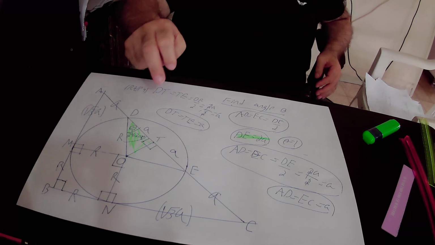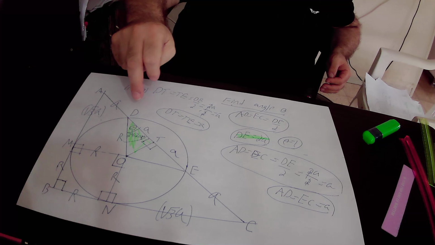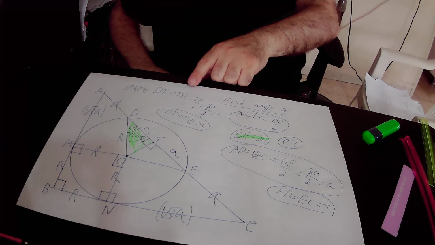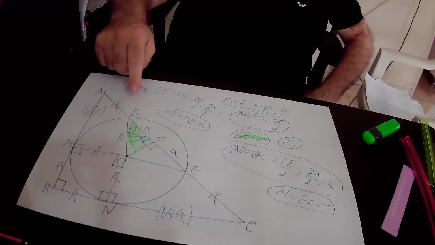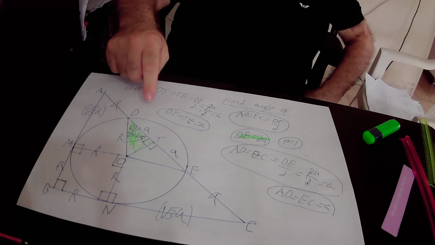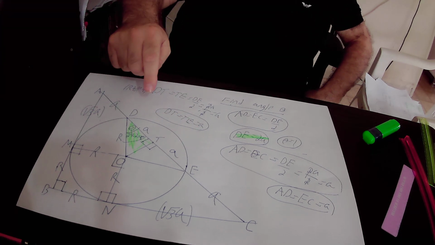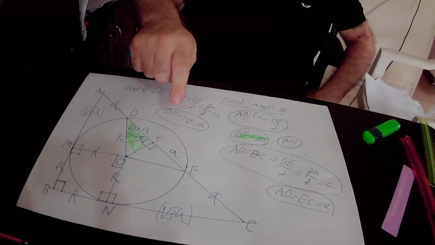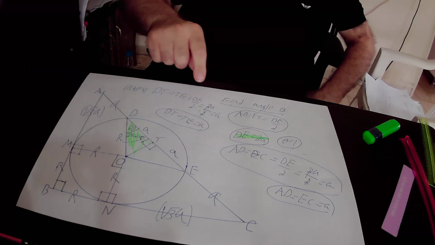From point O, we draw a perpendicular to chord DE. According to rule number 4, DT equals TE, because the perpendicular OT bisects chord DE. That is to say, it divides it into two halves. The first half DT equals DE over 2, and the second half TE is also equal to DE over 2.